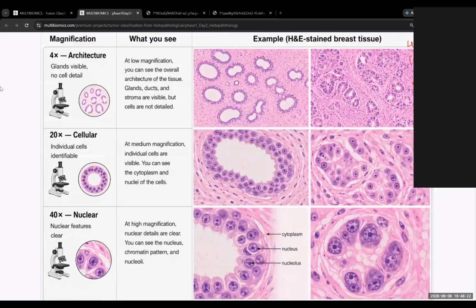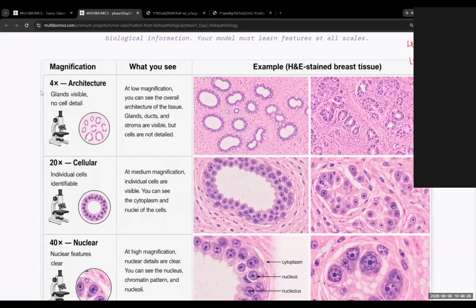What is magnification? Has anybody ever handled a microscope, at school or college level? Yes, Harsha? Kiran? Very good.